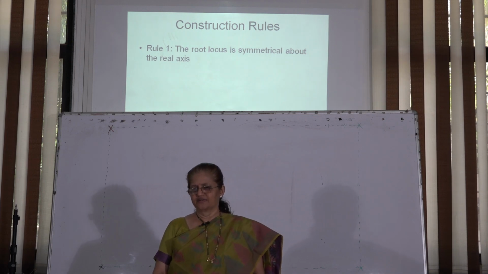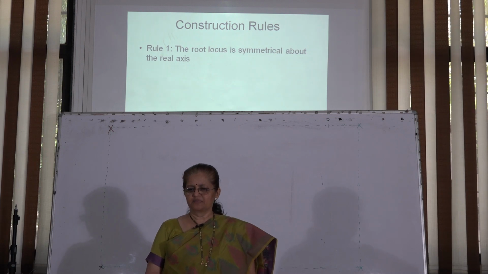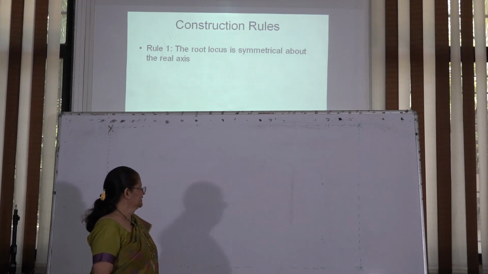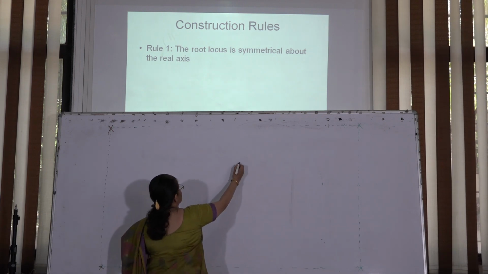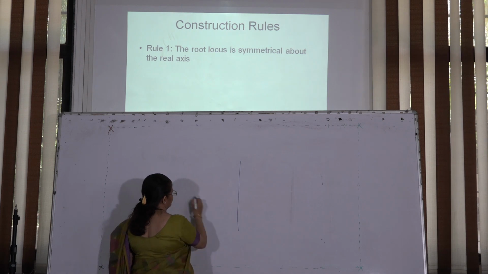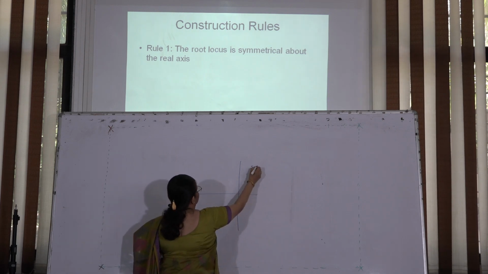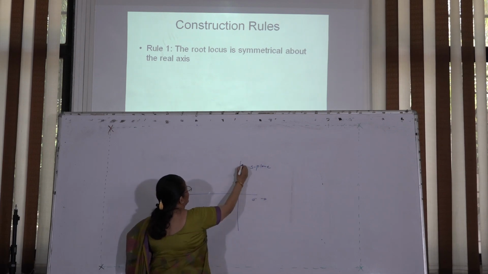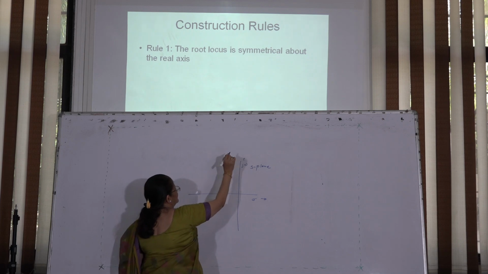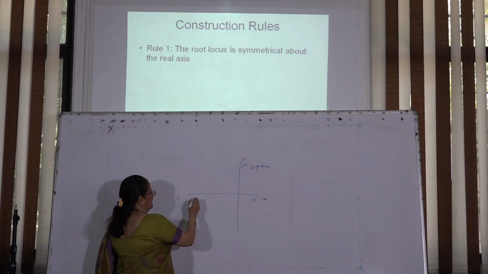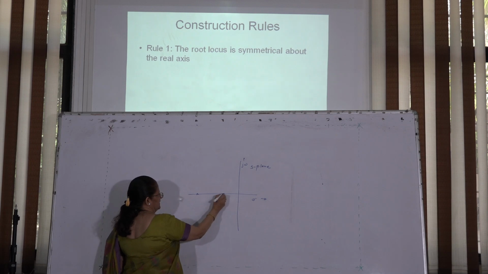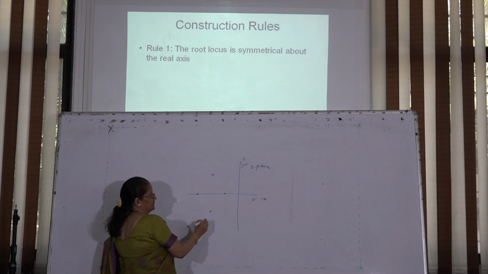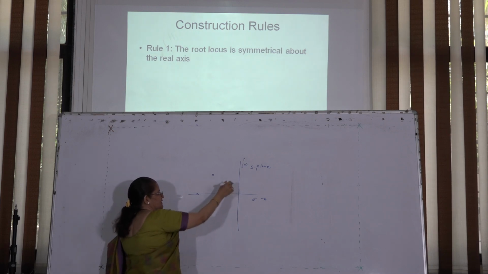The first rule: the root locus is symmetrical about the real axis. What is the meaning of this? The s-plane has the real axis as sigma and the imaginary axis as j omega. Where will the roots lie? Either the roots are on the real axis, or they are complex conjugates, or on the imaginary axis.